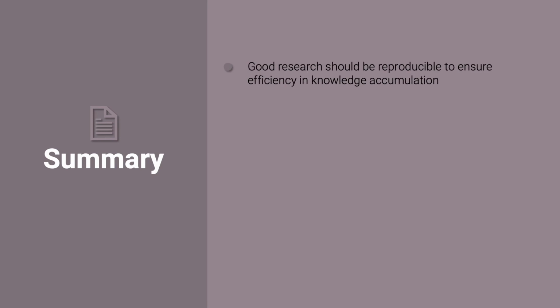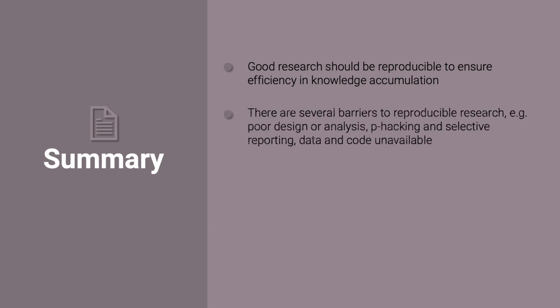In summary, in this session we have learnt that good research should be reproducible so that robust evidence is provided and knowledge accumulation is strengthened. Unfortunately, there are several barriers to reproducible research, such as the use of poor study design or analyses, p-hacking and selective reporting, and unavailability of the data and code used in research.